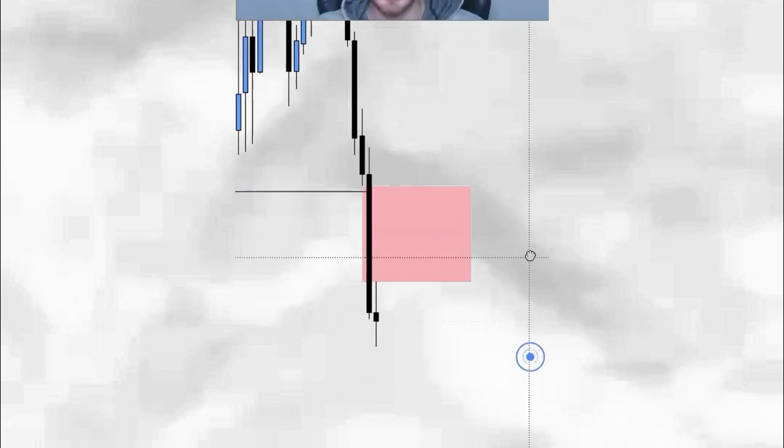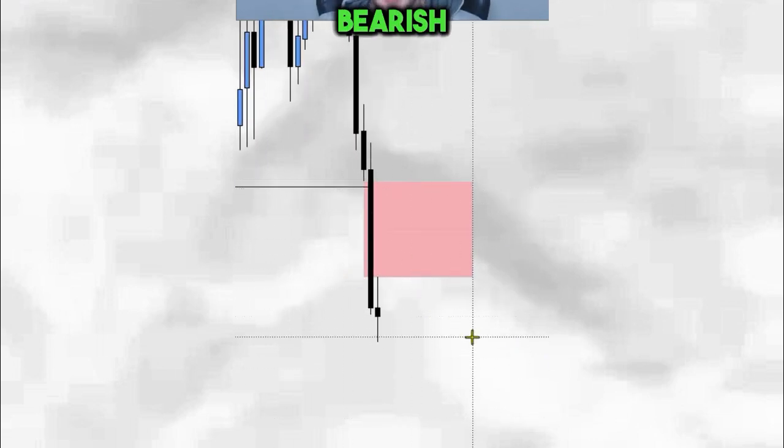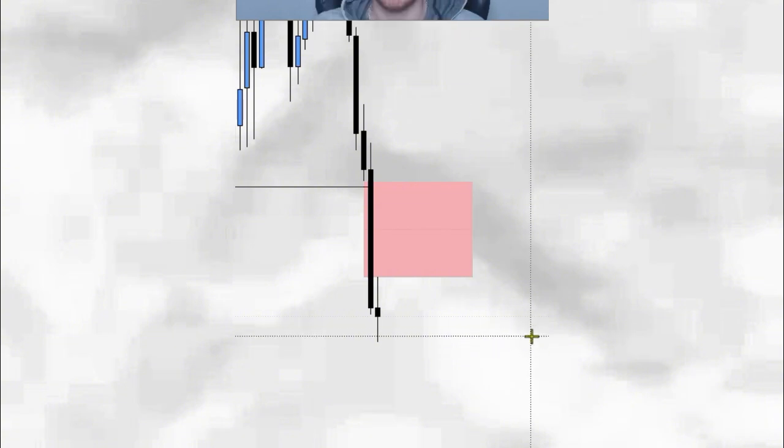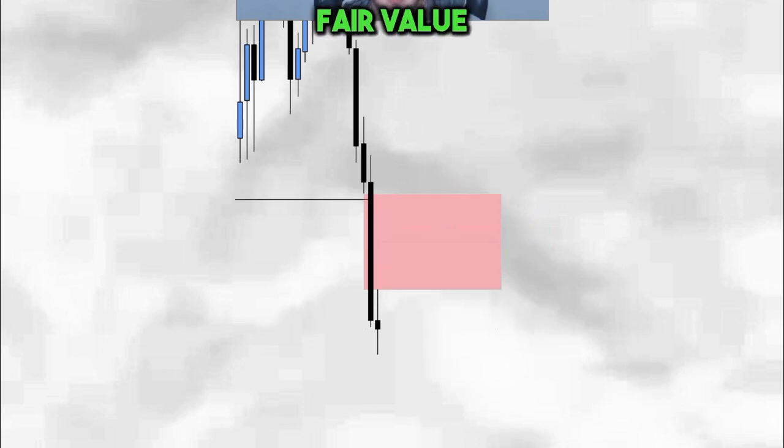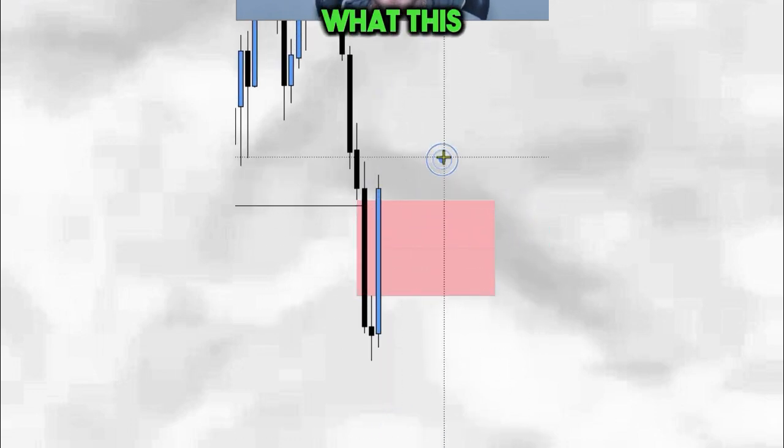For example, as you can see right here, we have this perfect bearish fair value gap. Most ICT traders would never imagine longing from a bearish fair value gap like this, and that is simply because they have not been taught to. What you should really be doing is waiting for a candle close above this bearish fair value gap, exactly like this. What this tells me is that this bearish fair value gap has now been inversed and disrespected.